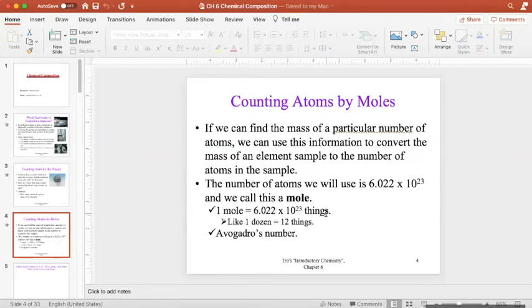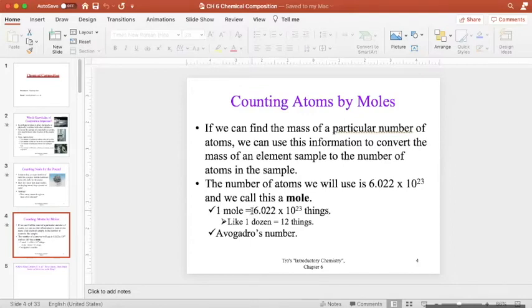So if matter is made up of atoms, I can say 1 mole of that element has 6.022 times 10 to the power 23 atoms, because an element is made up of atoms, right? So you have to remember this number, 1 mole equals 6.022, right?